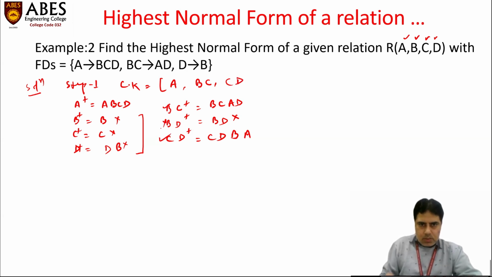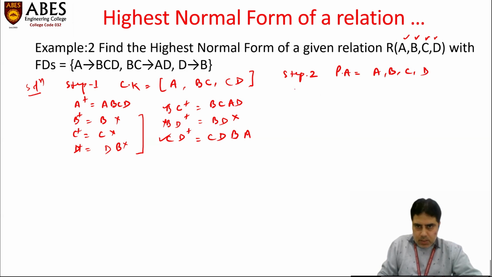Now no further combinations are there. So these are finally the candidate keys. Now step 2: what are the prime attributes? Prime attributes are A, B, C, and D. And step 3: non-prime attributes.